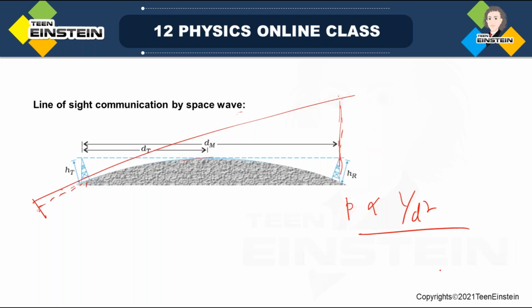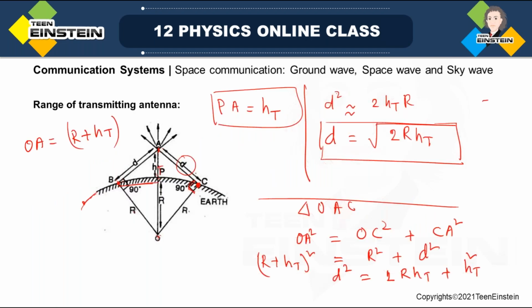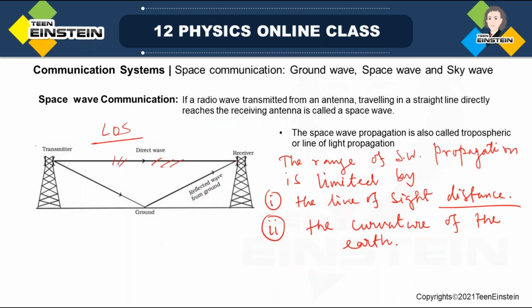Before I end the meeting, I'll just recap what I have taught you today. We started with wave communication, and there are three types: ground wave, space wave, and sky wave. We have discussed ground wave communication, which is guided by the earth surface, and has a limitation in frequency range and long range communication, so it is suitable for low frequency communication.